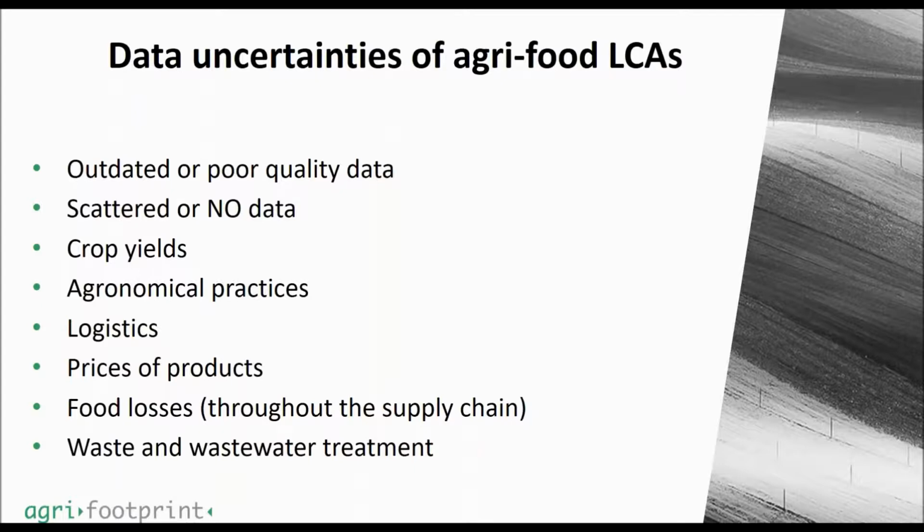And finally, for the case of waste and wastewater treatment, most of the time default or average processes are used to model such a treatment. So all these are uncertainties or limitations often encountered in agri-food LCAs, and I think there is still a lot of space for improvement on that.